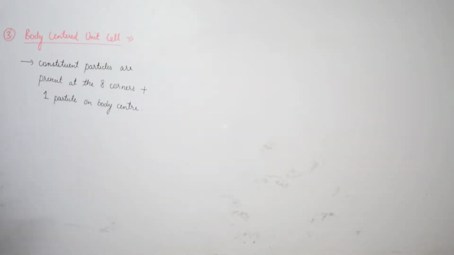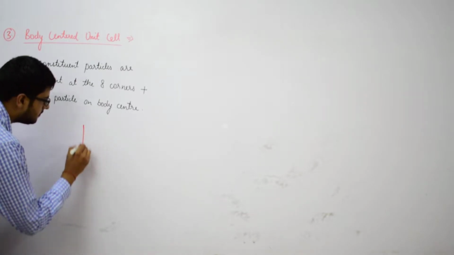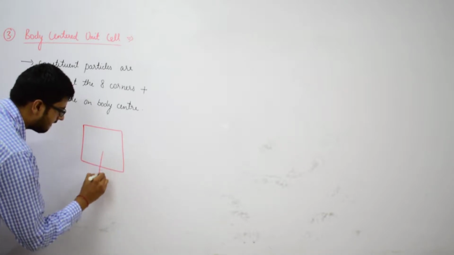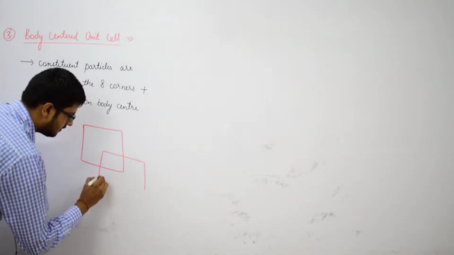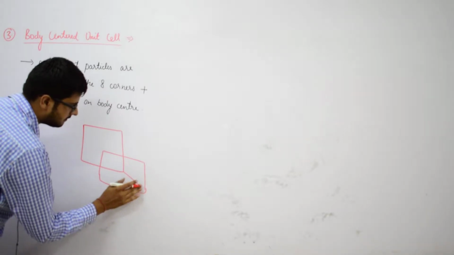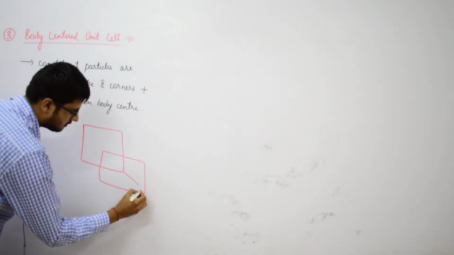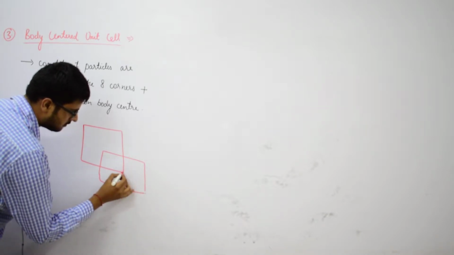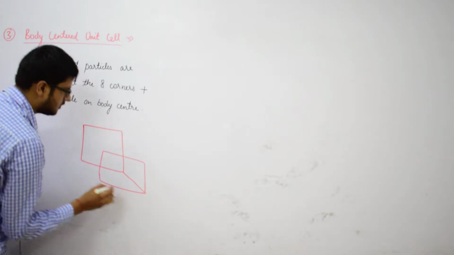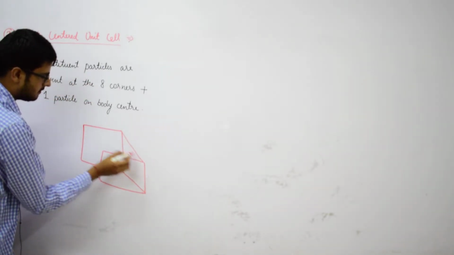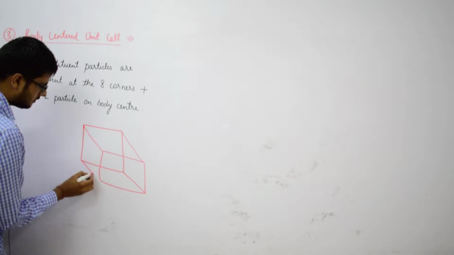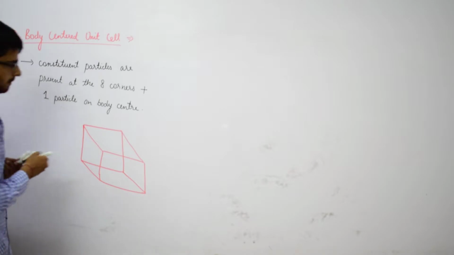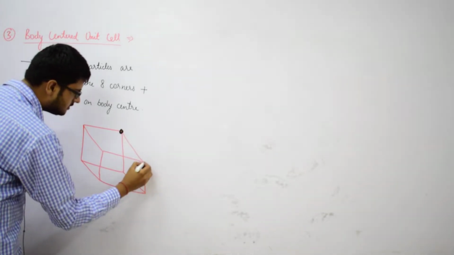So, if we draw the structure of body centered unit cell, if this is our unit cell, in case of body centered unit cell, the particles are present on the 8 corners.